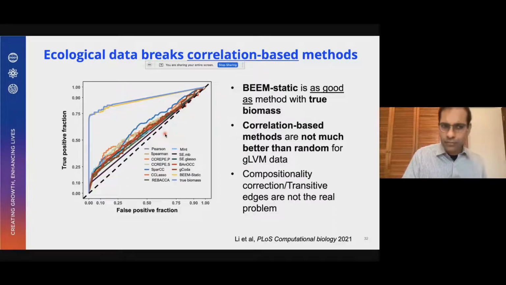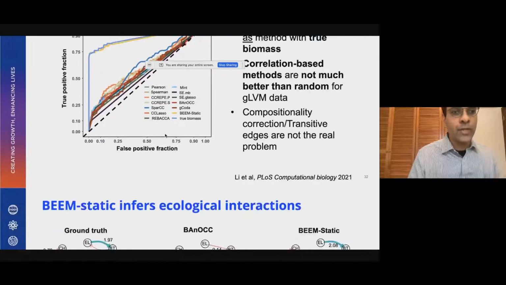So this is quite surprising to us, and I think it's increasingly becoming apparent to the field that there are very strong assumptions in correlation-based methods. Of course, there are assumptions in model-based methods too, but at least some of these assumptions are seen in biological data sets, and they're known to be real kinds of interactions.